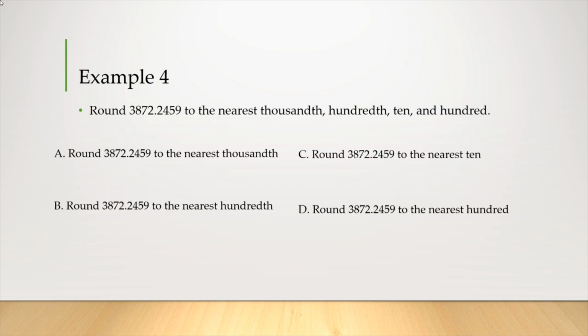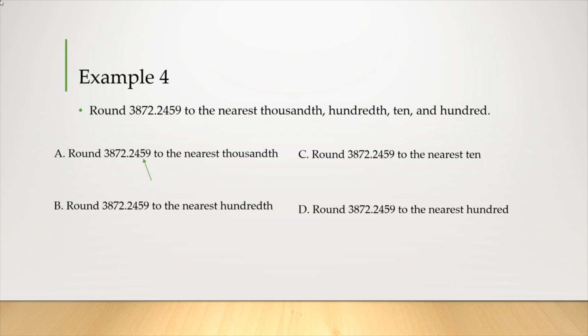All right, so now let's do some rounding. Let's take 3,872 and 2,459 ten-thousandths, and let's do some rounding. So let's first round to the thousandths place.